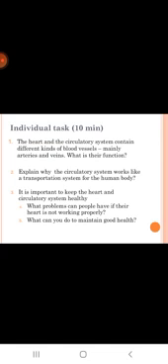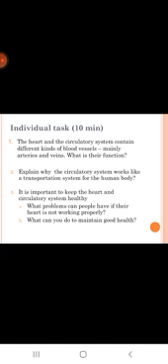Now, the individual task: the heart and the circulatory system contain different kinds of blood vessels, mainly arteries and veins. What is their function? In the previous slides, many reasons were told, so kindly do it easily, and if you don't remember, go and check again.